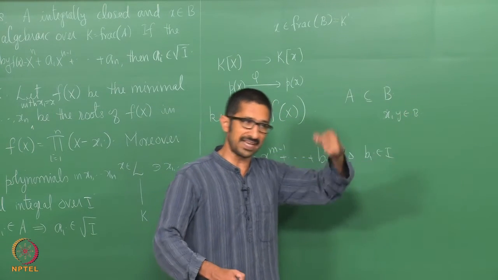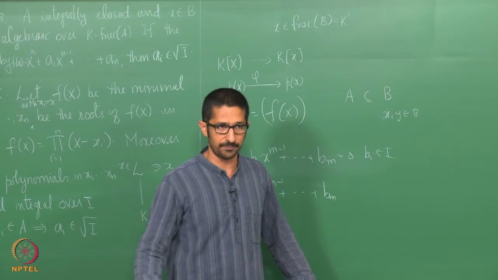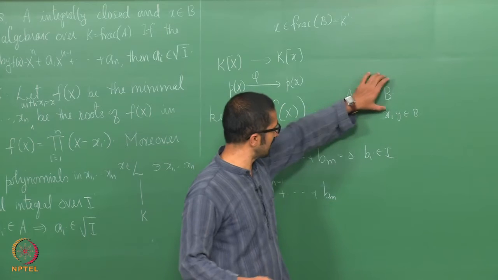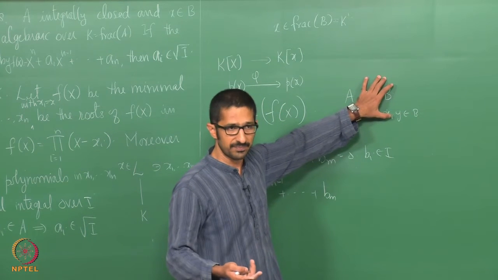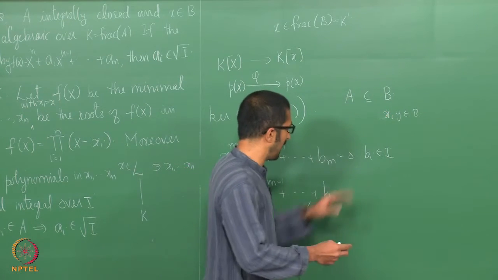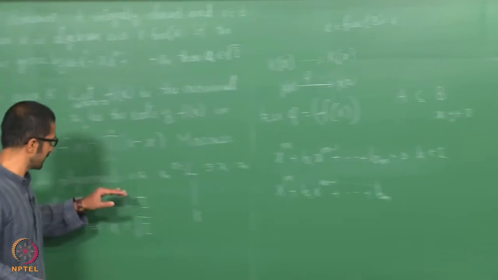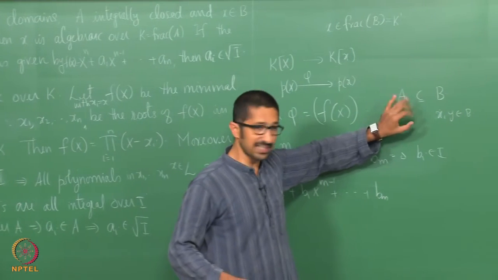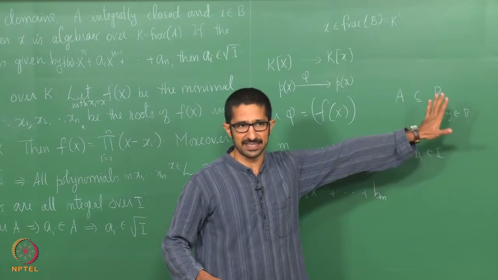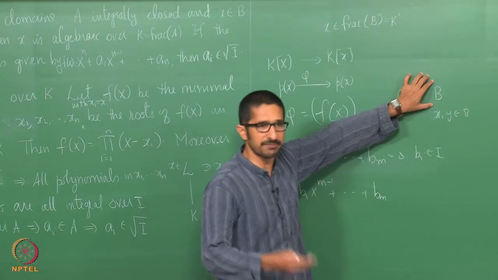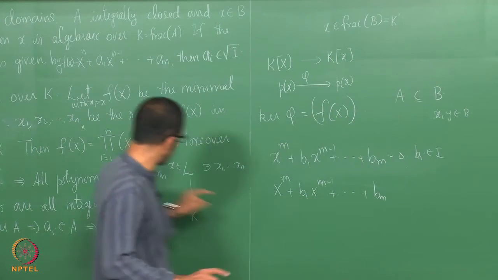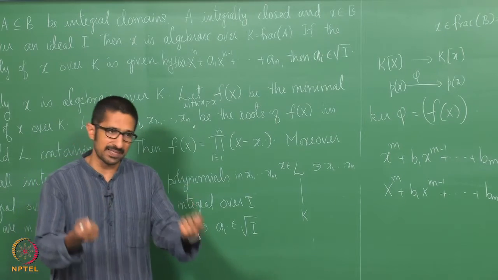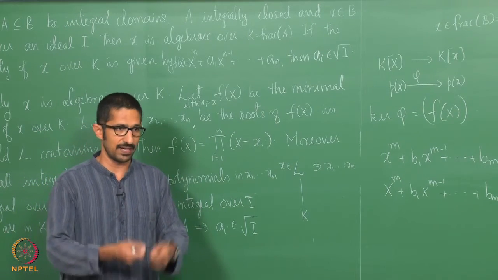We precisely described what the ideal is also: the radical of the extension of I in the integral closure. So the set of all elements which are integral over an ideal forms an ideal. Therefore, if two of them are integral over I, their sum is integral over I, their product is integral over I, and so on.